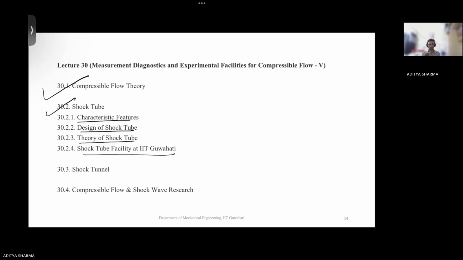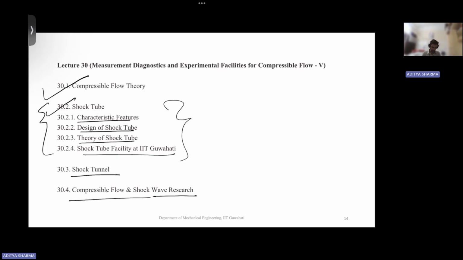I have also designed shock tubes for my study here in the gas dynamics lab. So this is shock tunnel, and compressible flow and shock wave research. The focus here is on shock tubes.